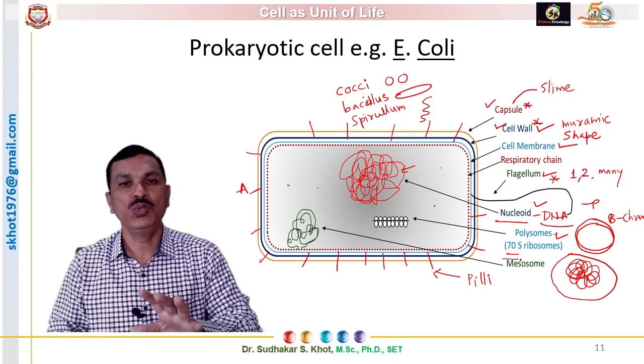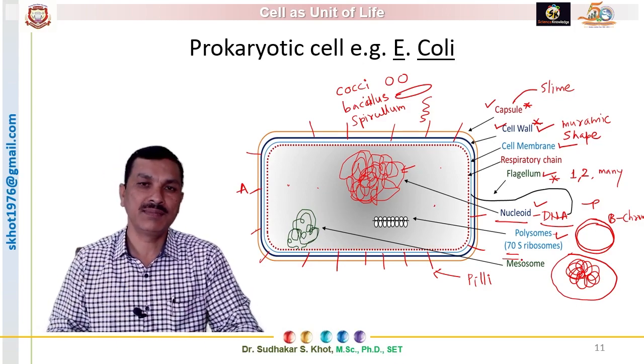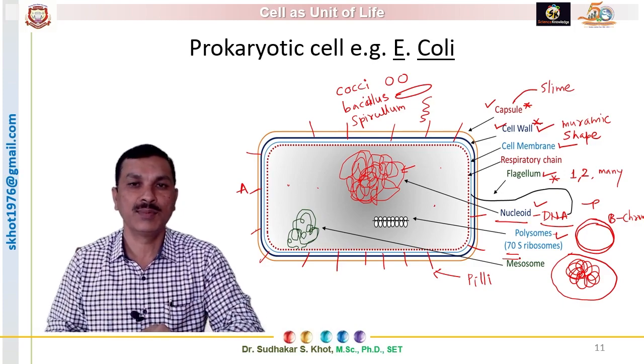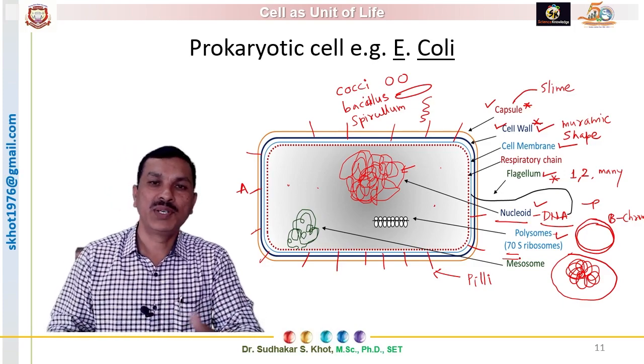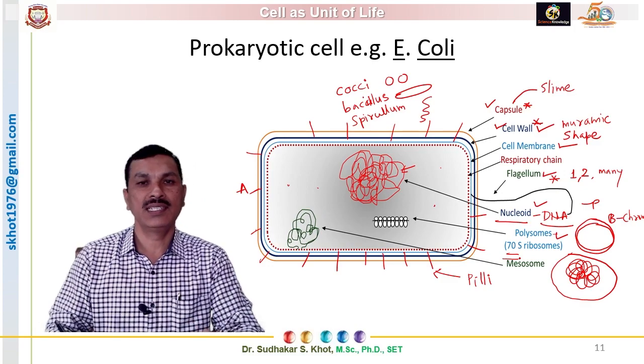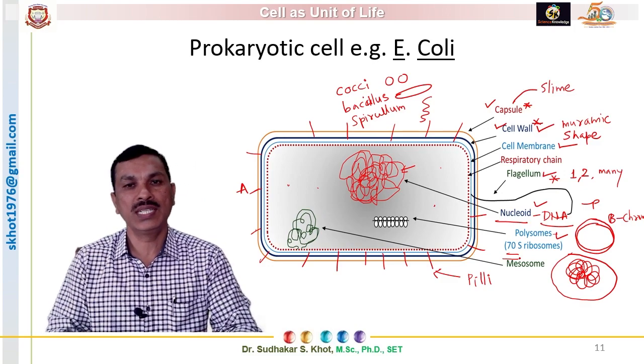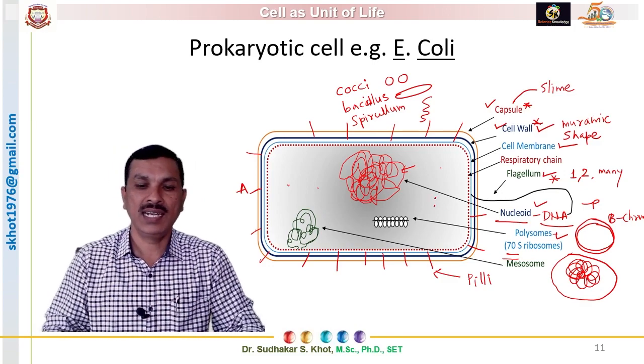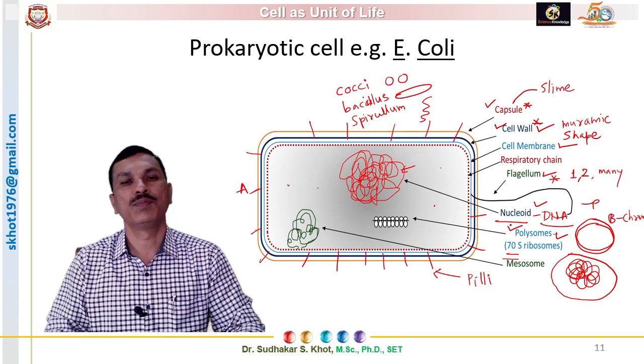These ribosomes usually are dissociated in the cytoplasm, so the smaller subunit and larger subunit will be separate. But whenever there is protein synthesis, these subunits assemble together on a messenger RNA and form a polyribosome.